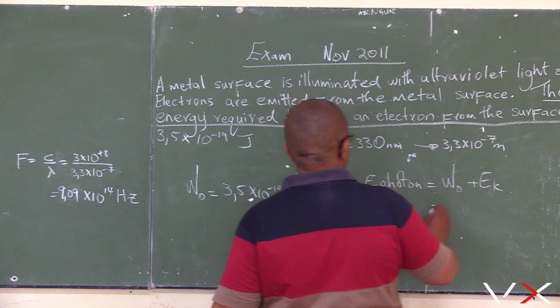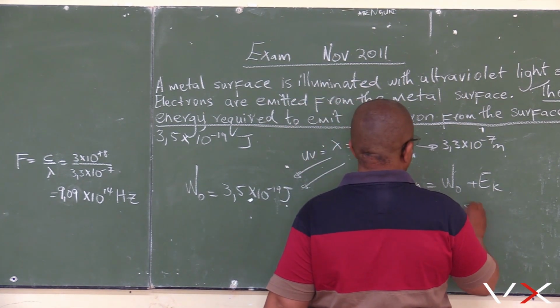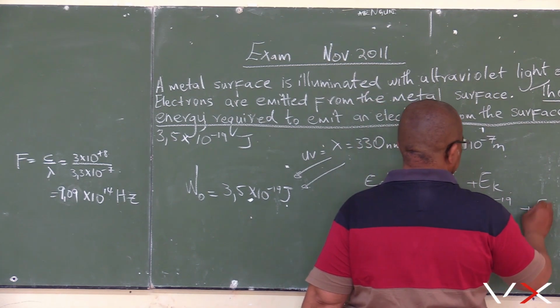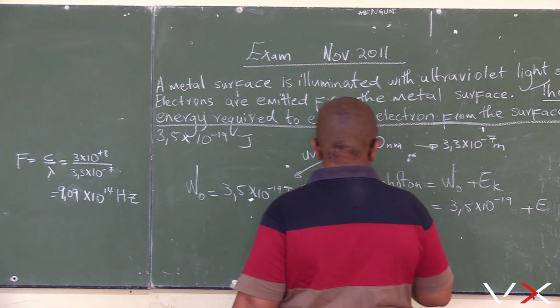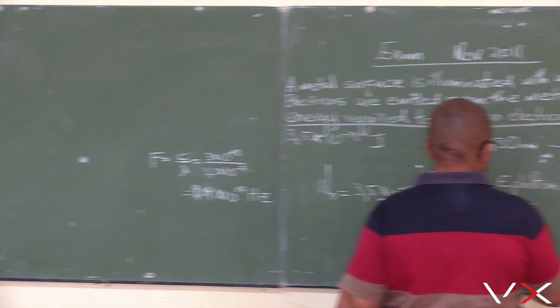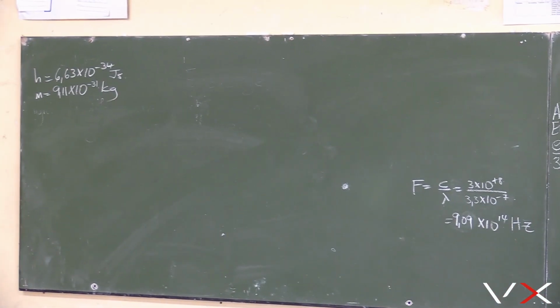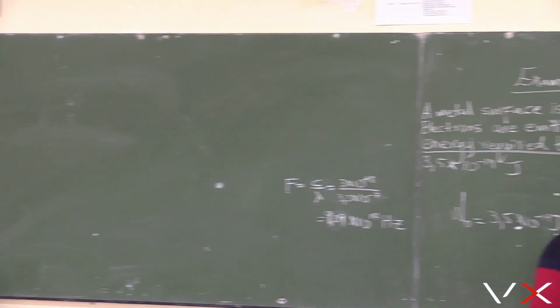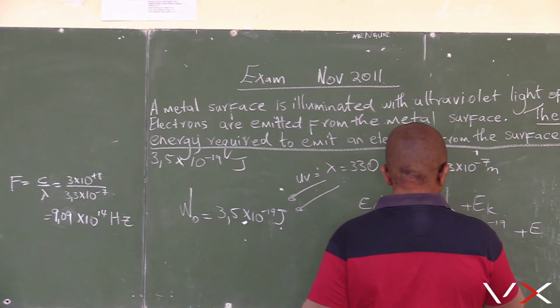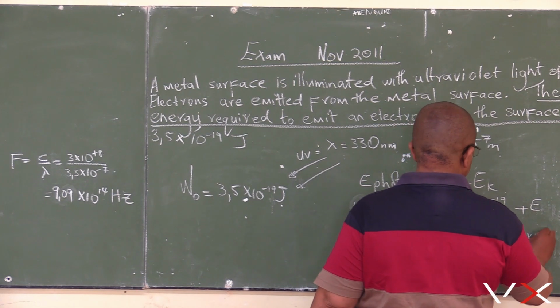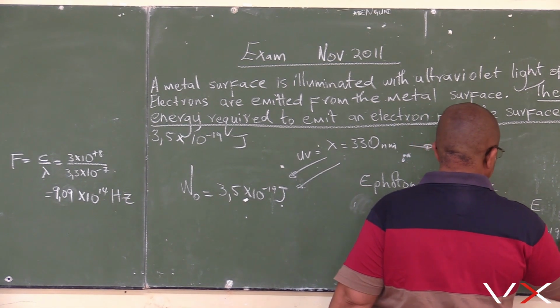The work function here is 3,5 times 10 to the power minus 19 plus kinetic energy. So what is h? h is 6,63 times 10 to the power minus 34 times the frequency 9,09 times 10 to the power 14, which is equal to 3,5 times 10 to the power minus 19 plus kinetic energy.